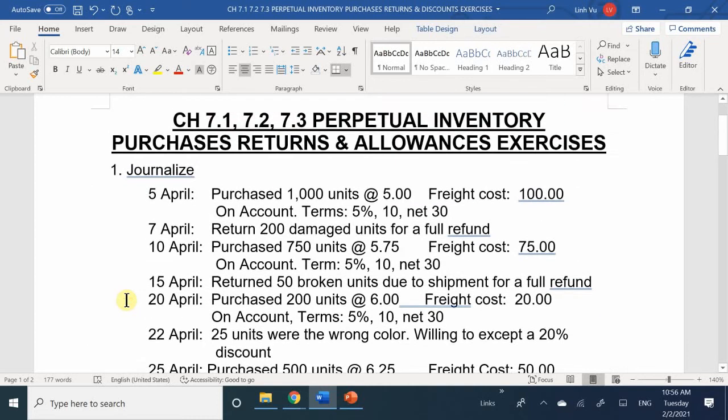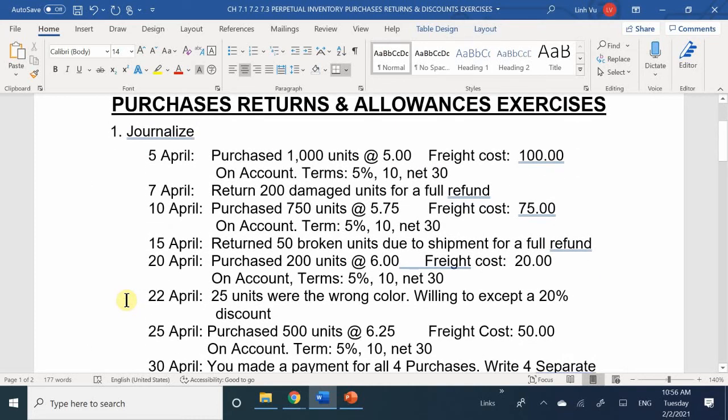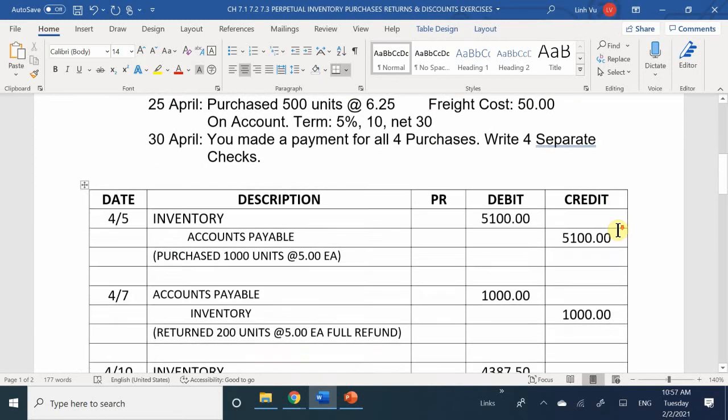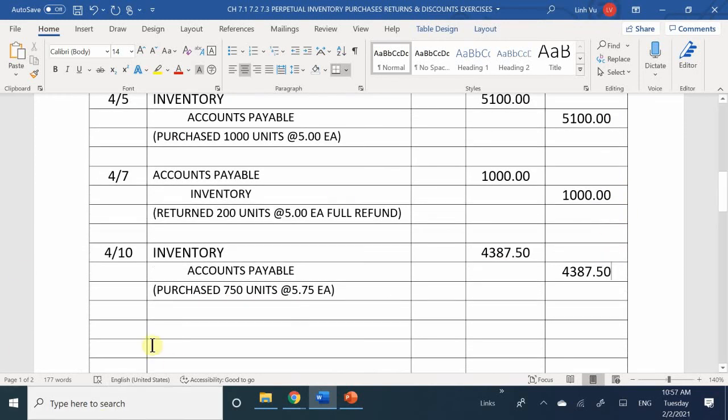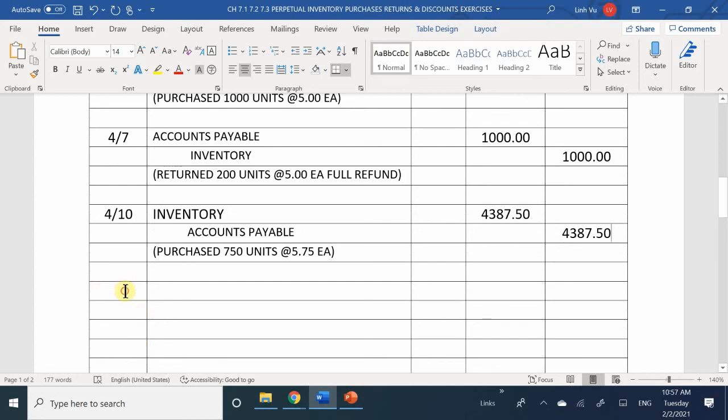Okay. Then on April 15, we decided to return 50 broken units due to shipment for a full refund. Accounts payable. Yes, we're going to decrease our accounts payable. So this is April 15, accounts payable.